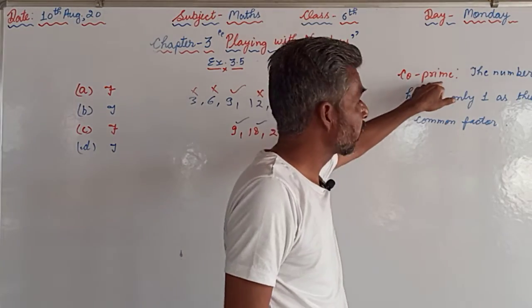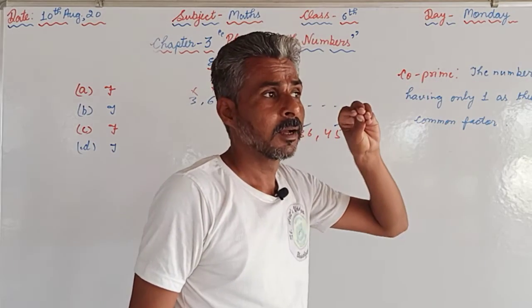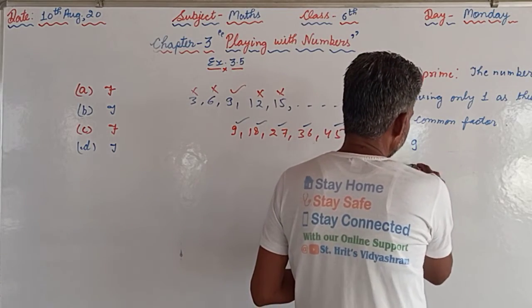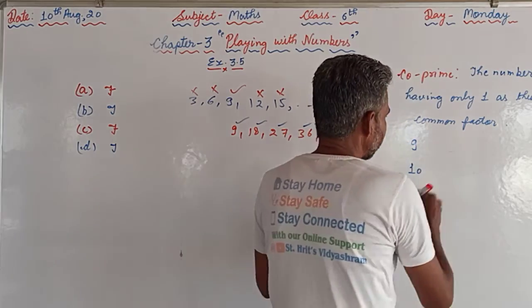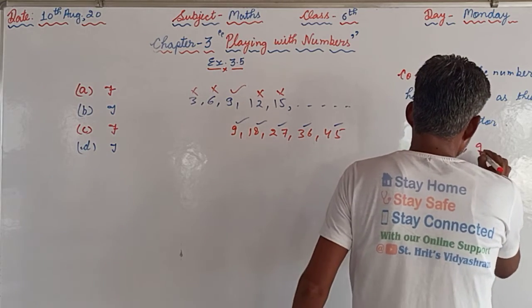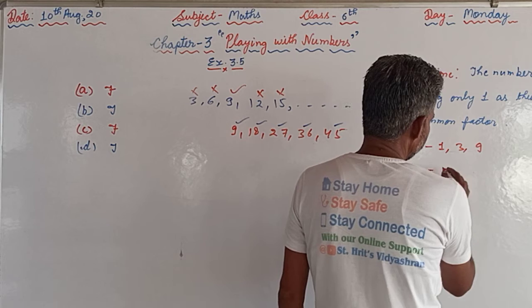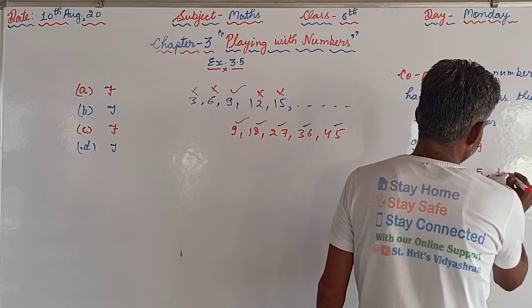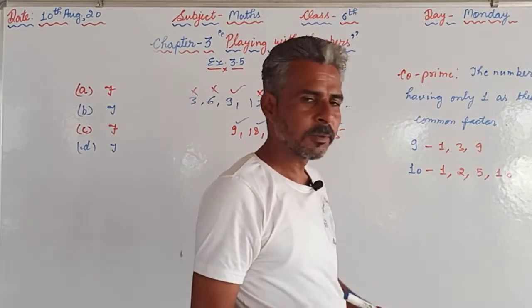If the name is co-prime, it doesn't mean both the numbers should be prime. We can take the example of 9 and 10. The factors of 9 are 1, 3, 9, and the factors of 10 are 1, 2, 5, 10. How many common factors are there?